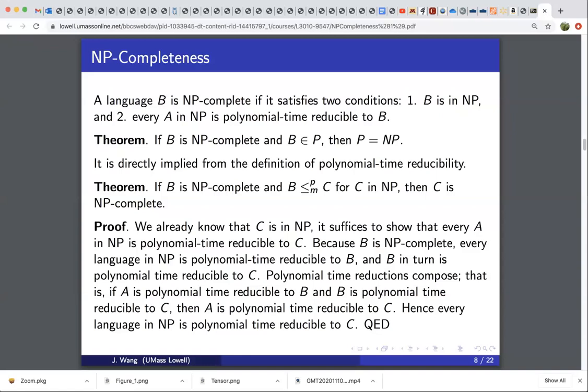The immediate result we get is: if B is NP-complete, and somehow we show that B is in P, then P is equal to NP.